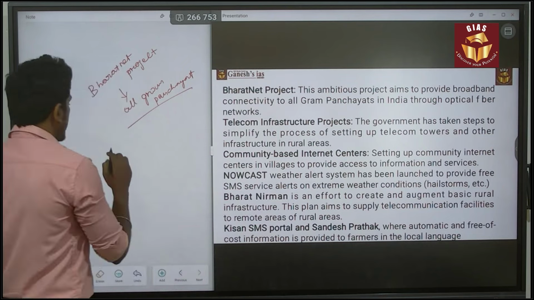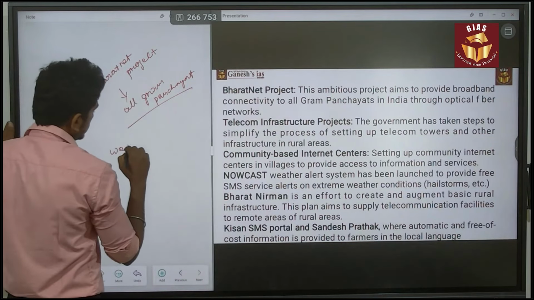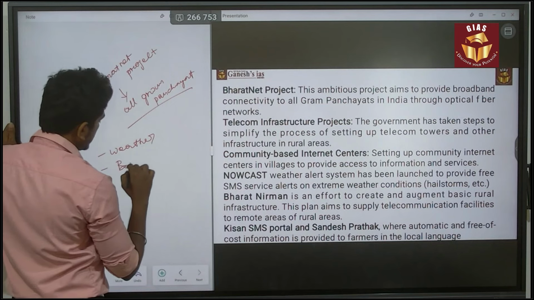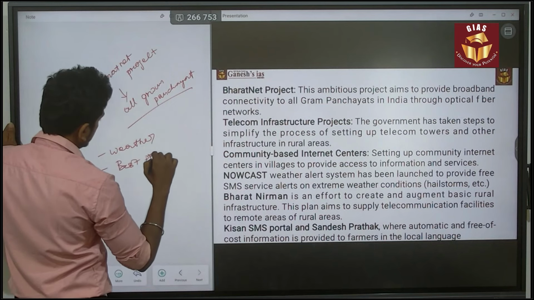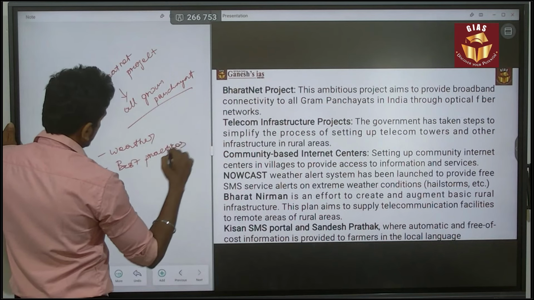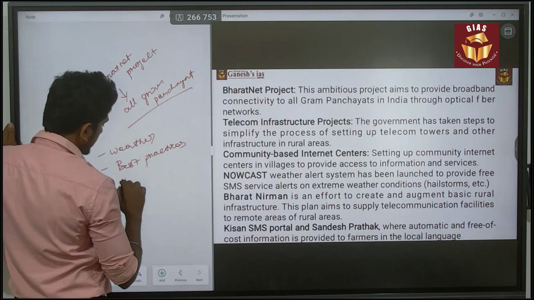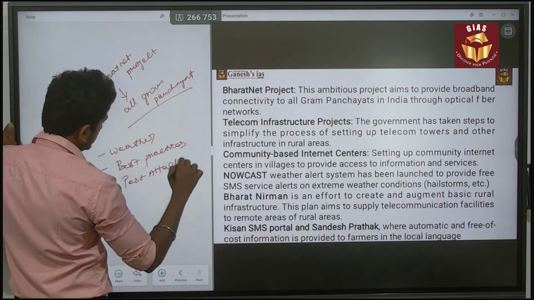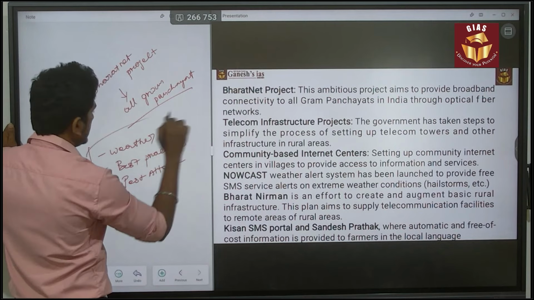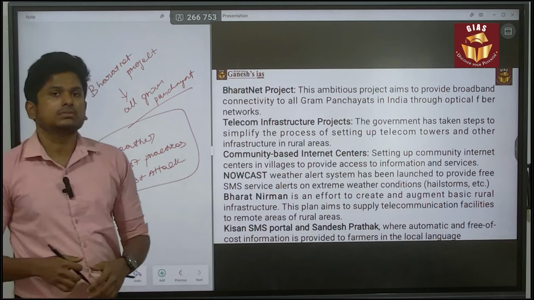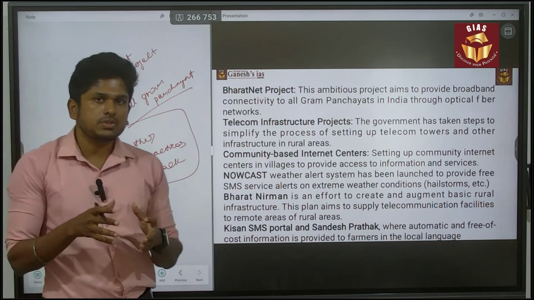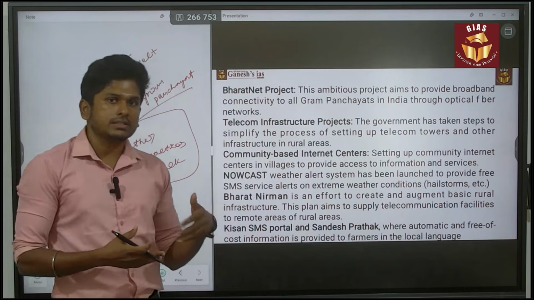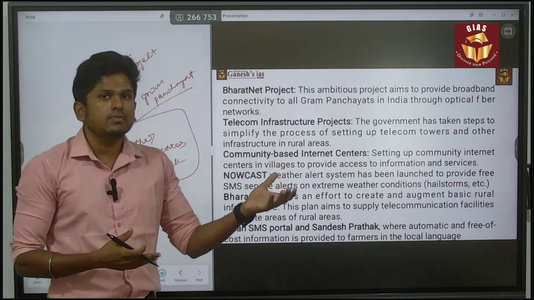It will give frequent updates about the weather, any best practices, and any new pest attack. These things are done through this SMS portal. So these are the various steps taken by the Government of India to improve farm productivity and at the same time increase the income of the farmers.